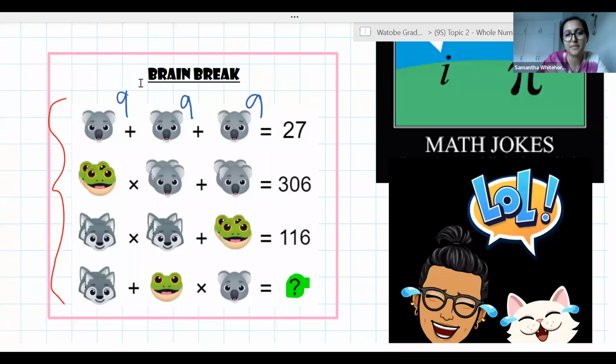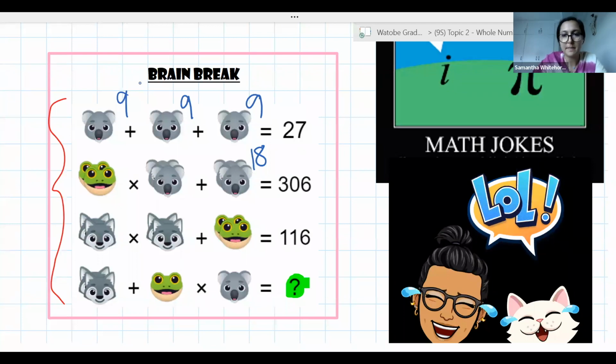Because, ma'am, there are two pairs. If you multiply 9 times 2 it gives you 18. Excellent, well done. So guys, there's 2 koala bears, which means that we've got 18. Okay, keep going. So you subtracted 18 from 306.